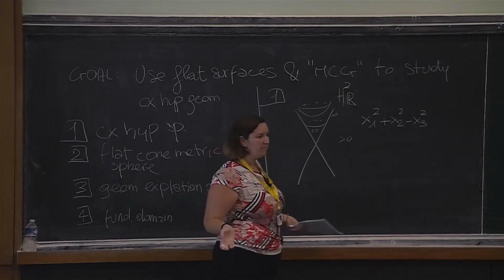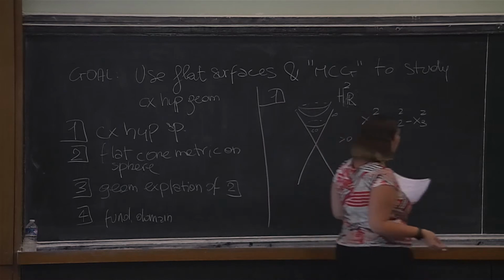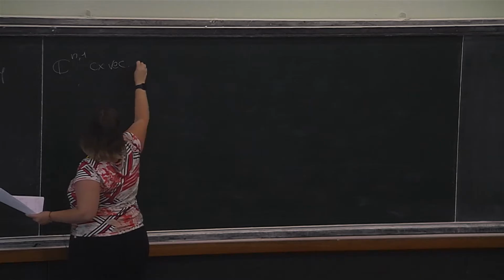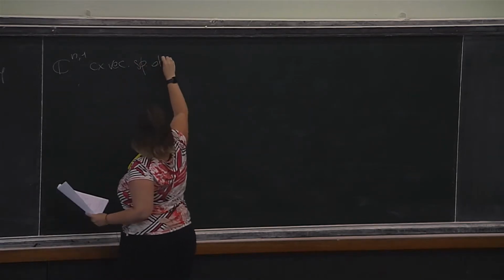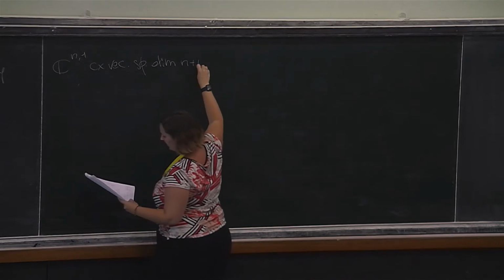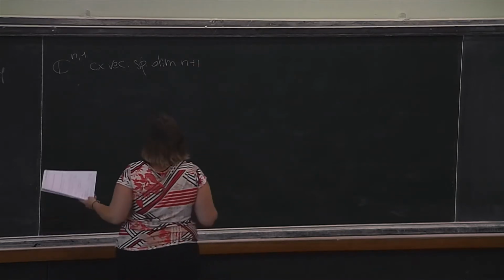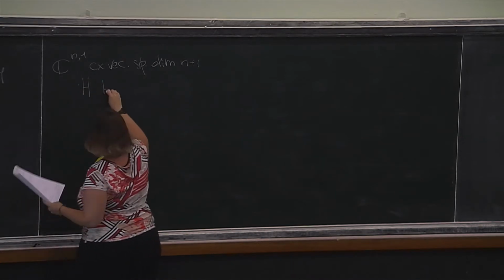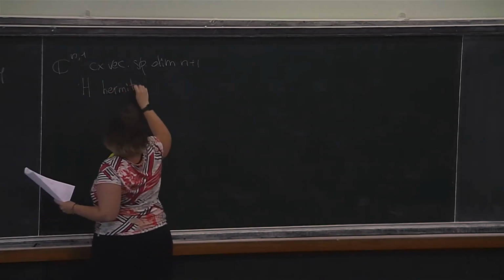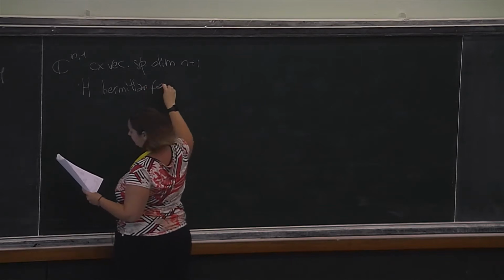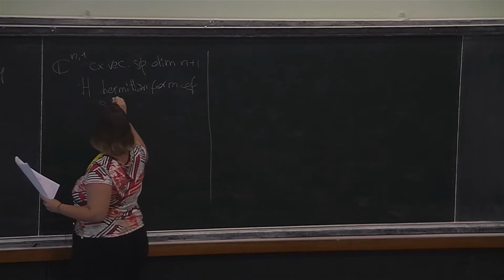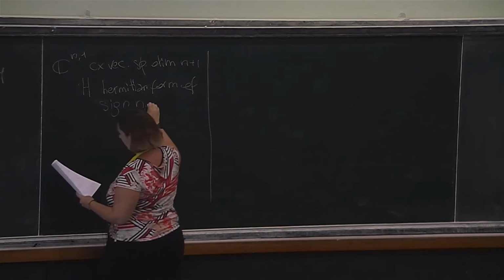And we want to do the same thing, but in a complex setting. So we start from C^{n,1}, a complex vector space of dimension n+1, and we call it C^{n,1} and not C^{n+1} because we put on it a Hermitian form H, which has signature (n,1).